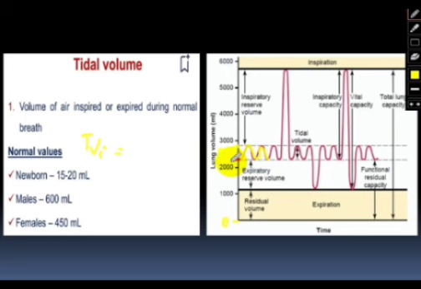So what do we call that point? This point should be 2,200. Alright?